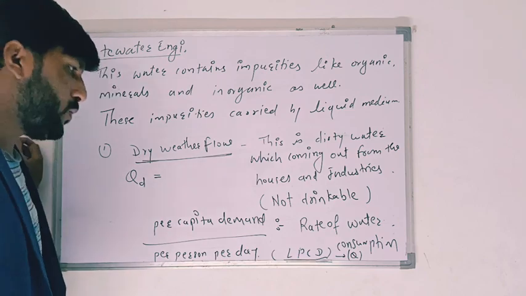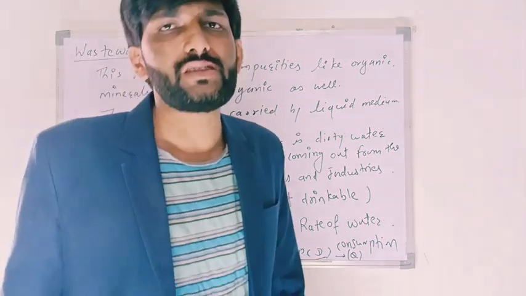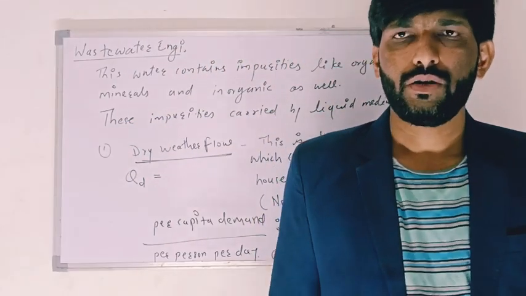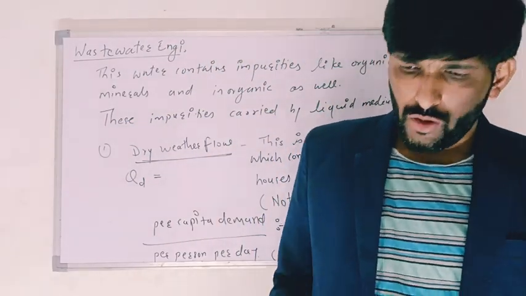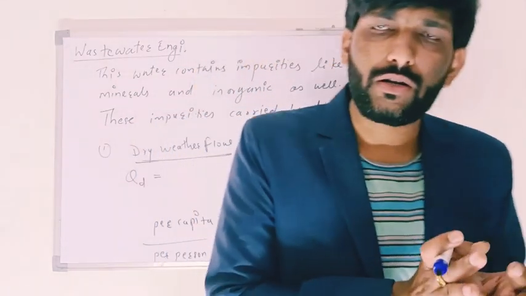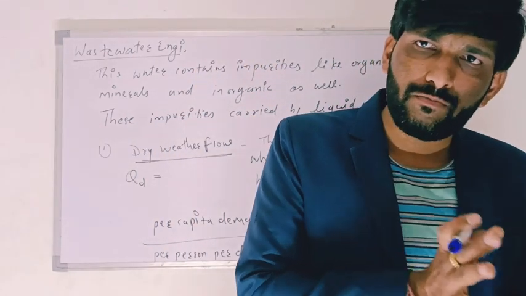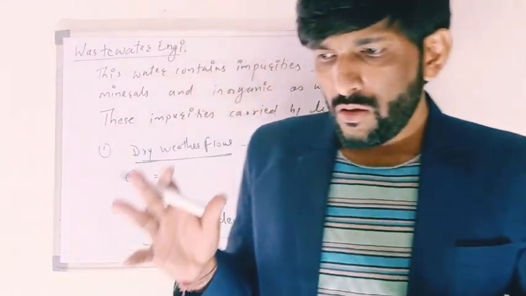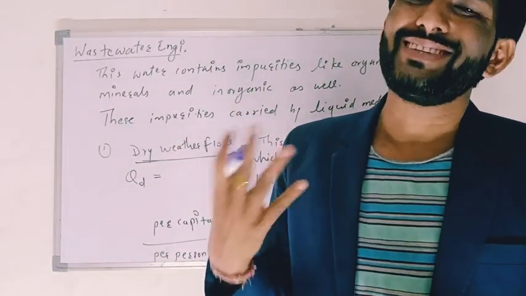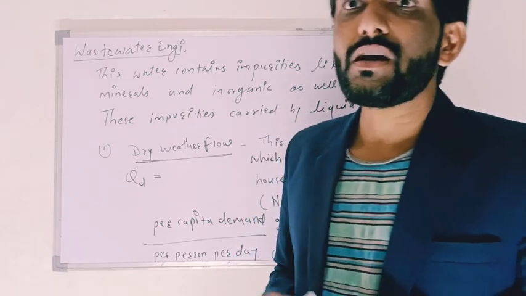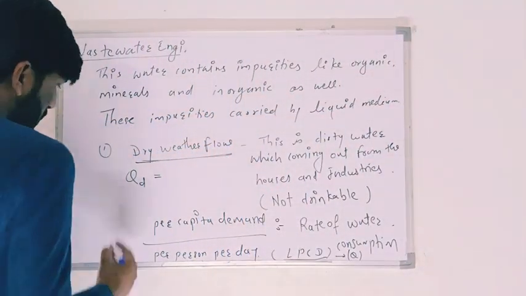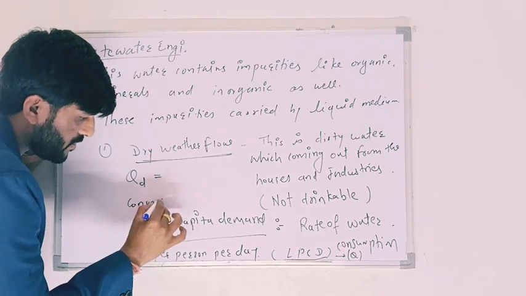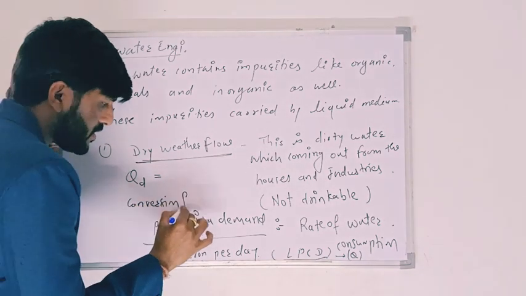Now how much of this rate has to be converted into wastewater? Because your pure or drinkable water converts into wastewater, but by what amount, by what percentage? This is known as the conversion factor.